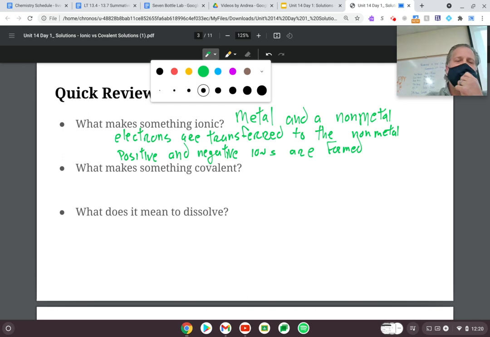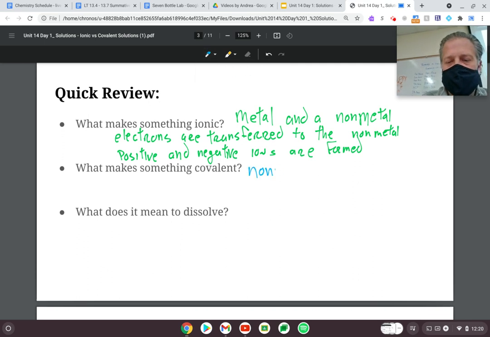What makes something covalent? Well, that would be when you have a nonmetal and a nonmetal.